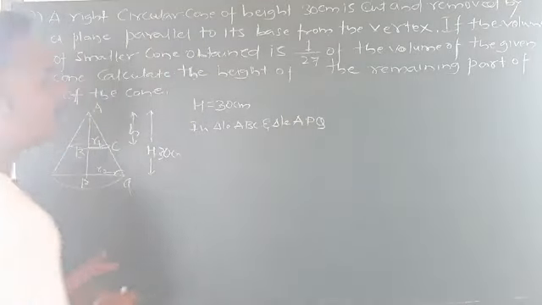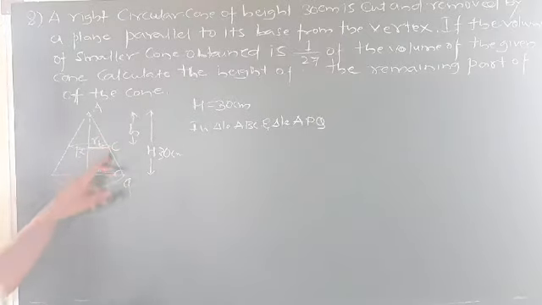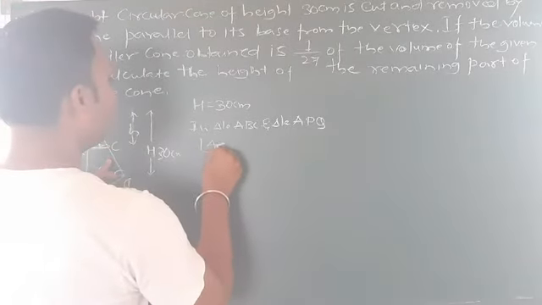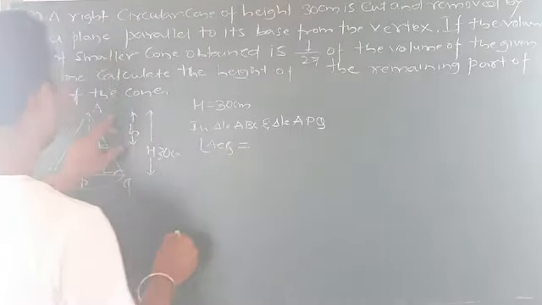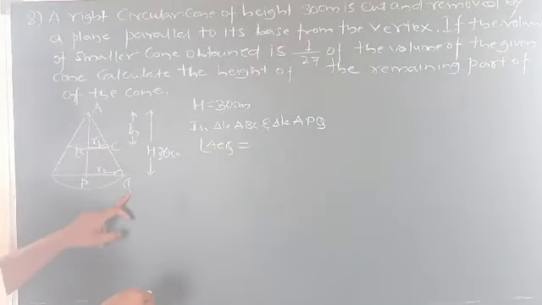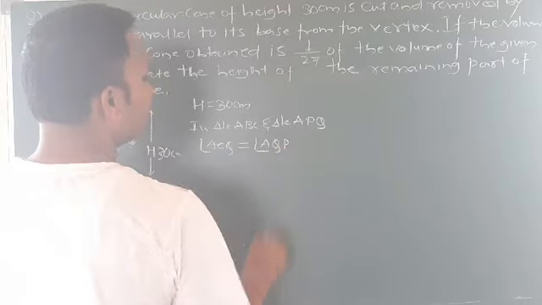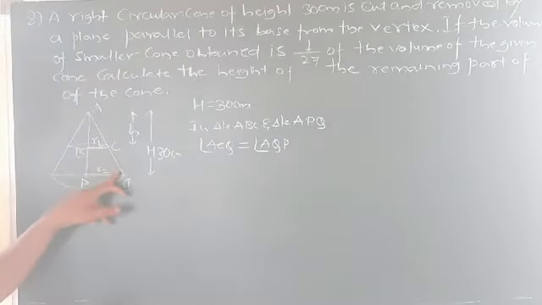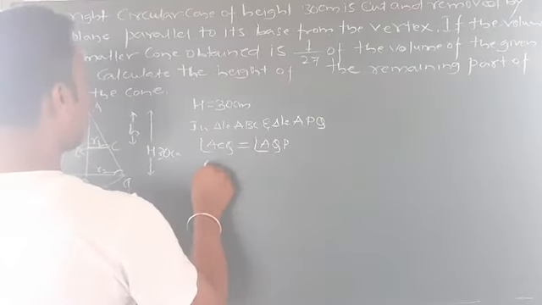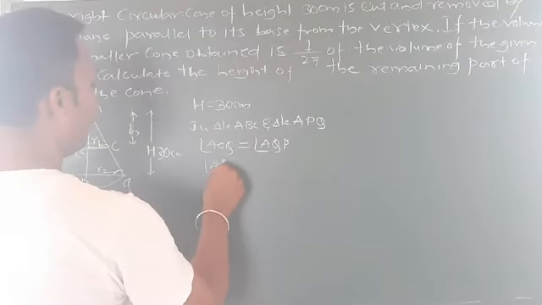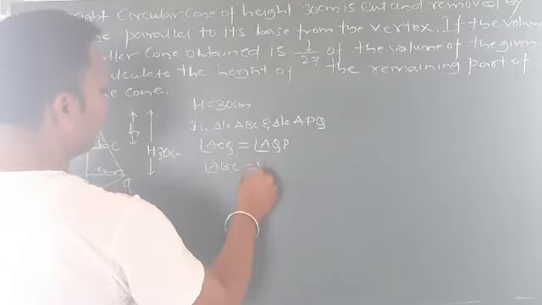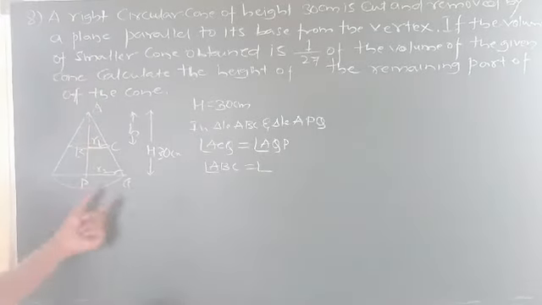In both triangles, you can see angle ACQ and angle AQP are both equal. Why? Both are corresponding angles. Next, angle ABC is equal to angle APQ.